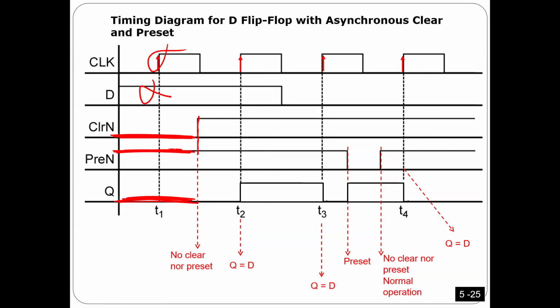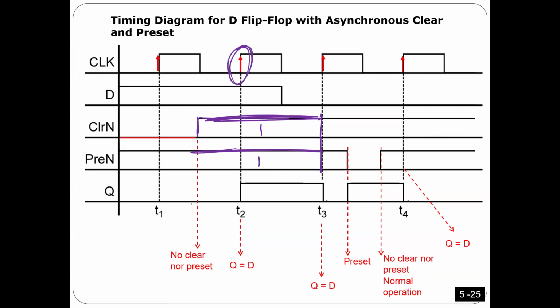Now let's look at what happens after that, in this period here. Let's use a different color. If you see here, guys, from here to here, this one is 1 and this one here is 1. 1 and 1. So this is a normal operation. Because it's normal operation in this period, the change is only going to happen at the clock.